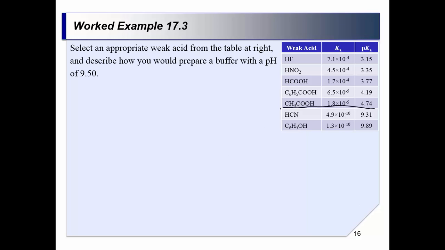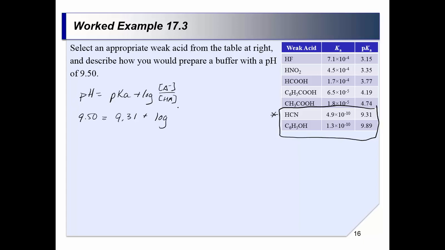So we're going to look down here. We're going to look at HCN or C6H5OH. This is hydrocyanic acid and phenol. So if I start with the first one, hydrocyanic acid, and remember your Henderson-Hasselbalch equation, pH equals pKa plus the log of the ratio. I'm looking at A minus over HA. Then I'm going to substitute in my desired pH and my pKa, 9.31, and I'm going to solve for this ratio.